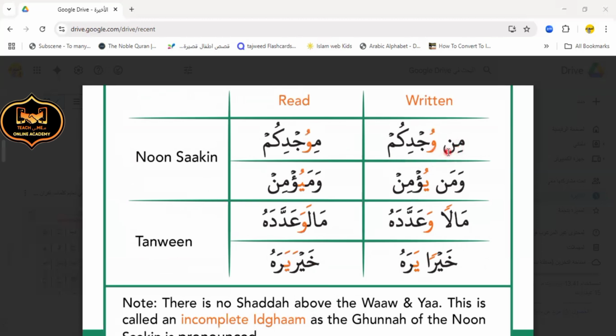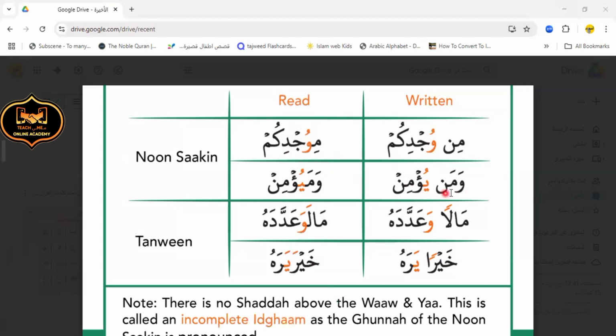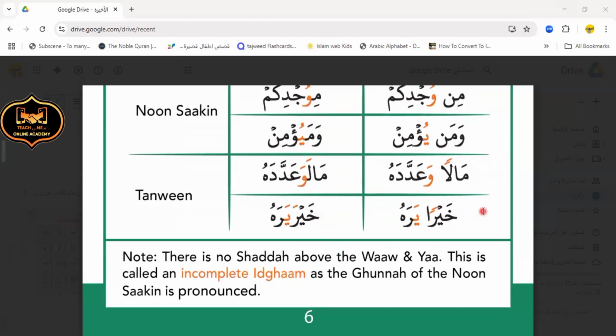So drop the sound of noon, merge, and make ghunnah. It's incorrect if I say وَمَن يُؤْمِن without making the sound of ghunnah. I should read it like this: وَمَن يُؤْمِن. Then مَا لَوْ وَعَدَّدَهُ. And the last one, خَيْرًا يَرَهُ.